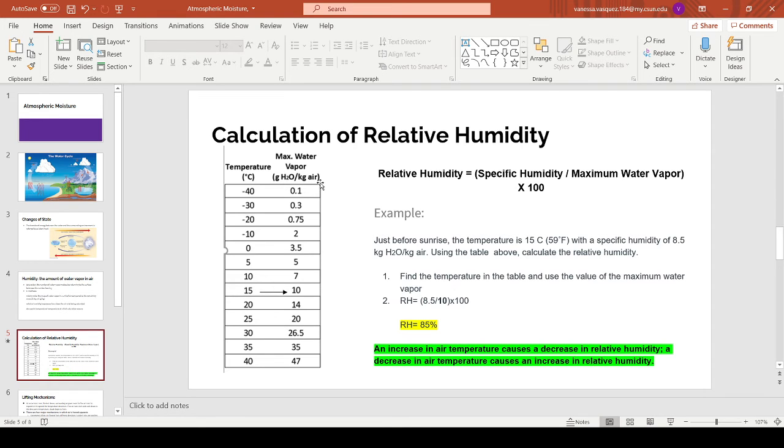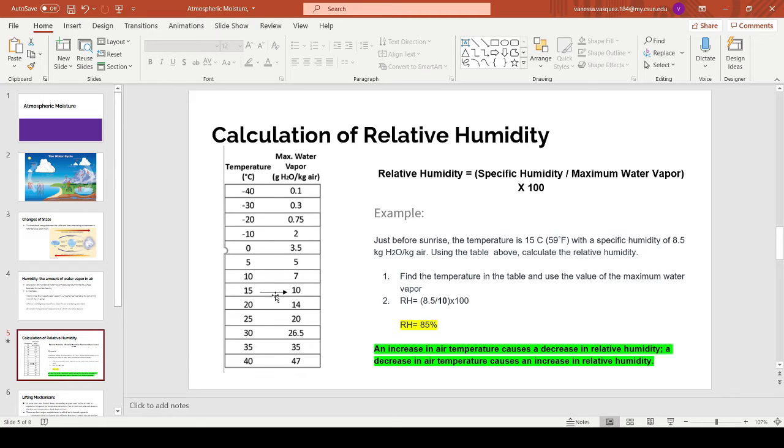As we can see here, cool temperatures such as negative 40 degrees Celsius can only hold 0.1 grams of water vapor, whereas if the air mass is 40 degrees Celsius, it can hold 47 grams of water vapor content.